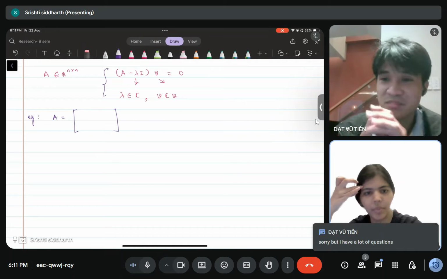But anyway, this is the simplest case, I think: the matrix A with rows 1, minus 1 and 1, 1. A minus lambda I is this, and the determinant should be 0. This gives lambda squared minus 2 lambda plus 2 equals 0.